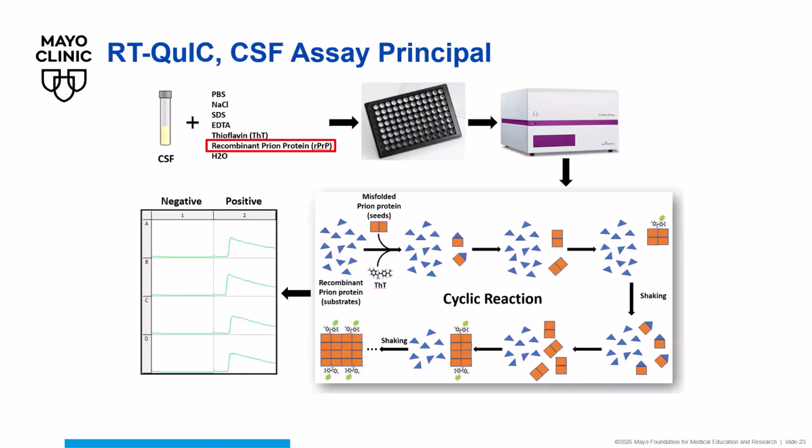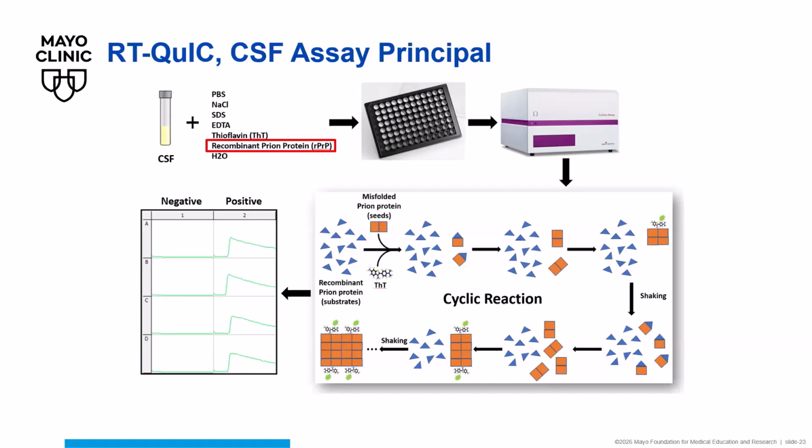This plate goes into a unique instrument that can shake very quickly at specific elevated temperatures, so 42 degrees, 50 degrees, etc. What was originally reported by Claudio Soto, and then repeated and refined by several groups over time, is that if you cycle through periods of shaking and rest, you can trigger in vitro a reaction similar to what happens biologically in a patient with this disease.